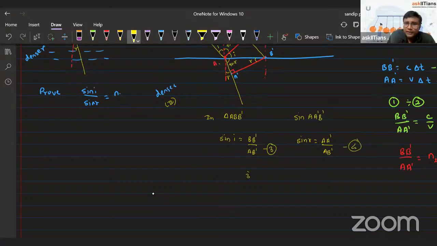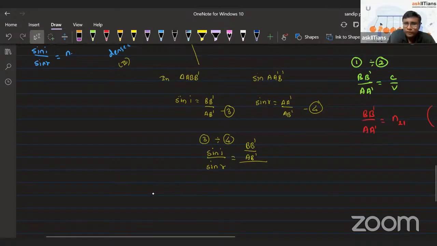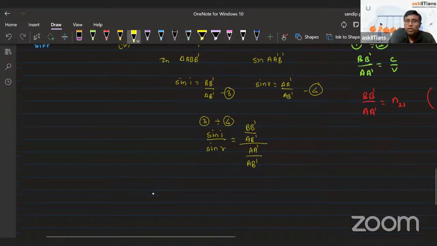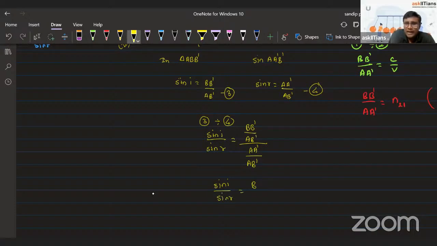Divide equation number 3 by equation number 4. What you will get? Sin I upon sin R is equal to BB dash upon AB dash divided by AA dash upon AB dash, or sin I upon sin R is nothing but BB dash upon AA dash.